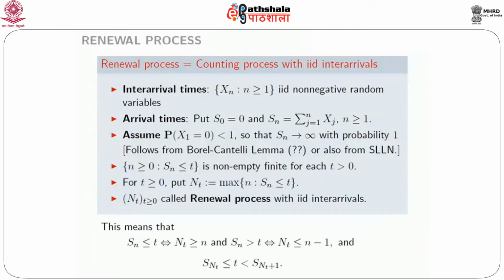And of course from the definition it's also clear that S sub Nt, which is the time of the last arrival up to time t, has to be less than or equal to t, and then by definition S sub Nt plus 1 has to be strictly larger than t.